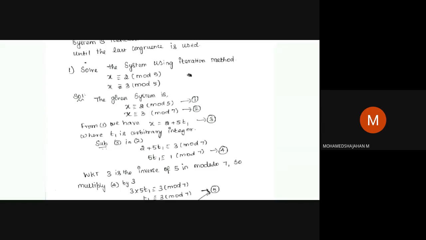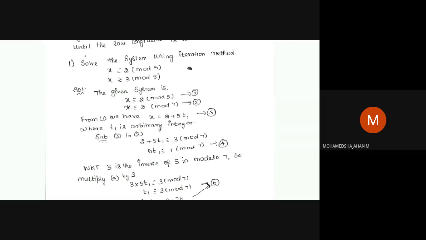Now the x value, x equal to 2 plus 5t1, will be substituted in equation 2. So equation 2 becomes 2 plus 5t1 congruent to 3 under mod 7.